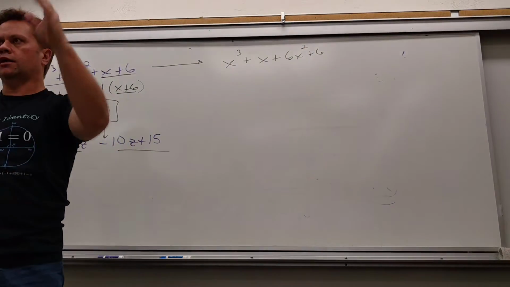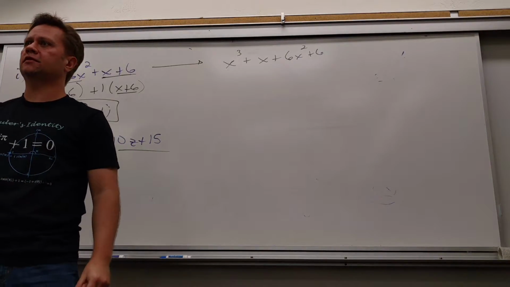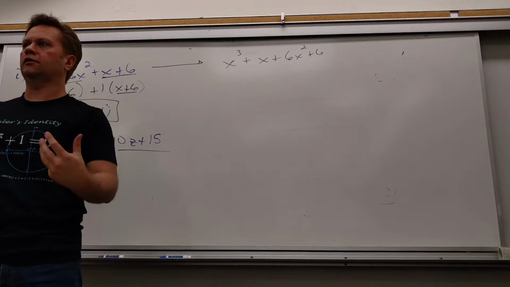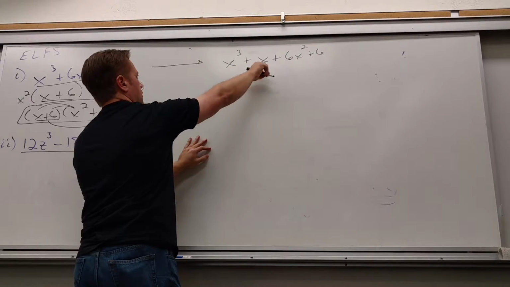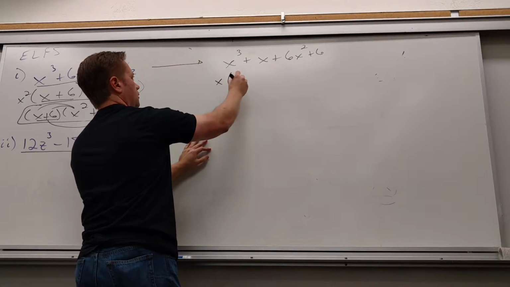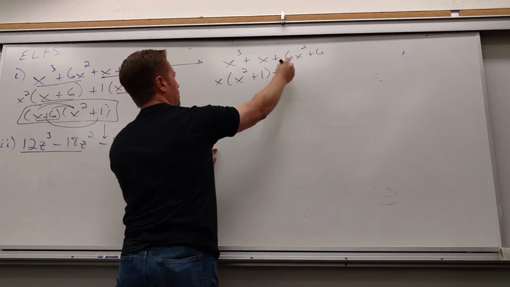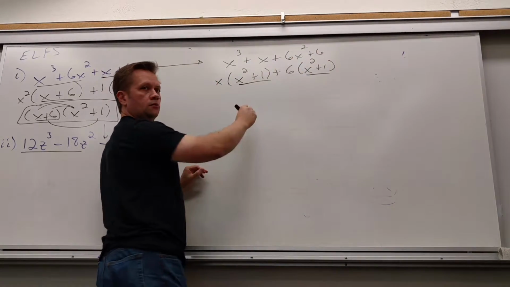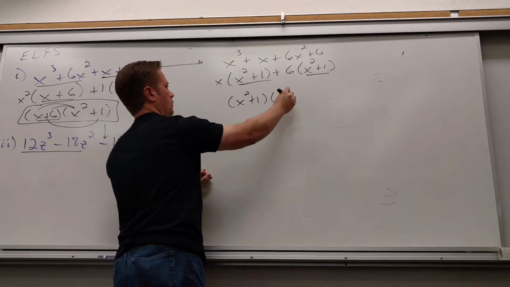And we just said that's completely allowed. You have to end up with the same answer though because it's the same number. I just rearranged some of its parts, so it's got to factor the same way. I don't care how you arrange it. So here I could take out x squared, and here I can take out a 6, and then look here, I just didn't put plus 1.